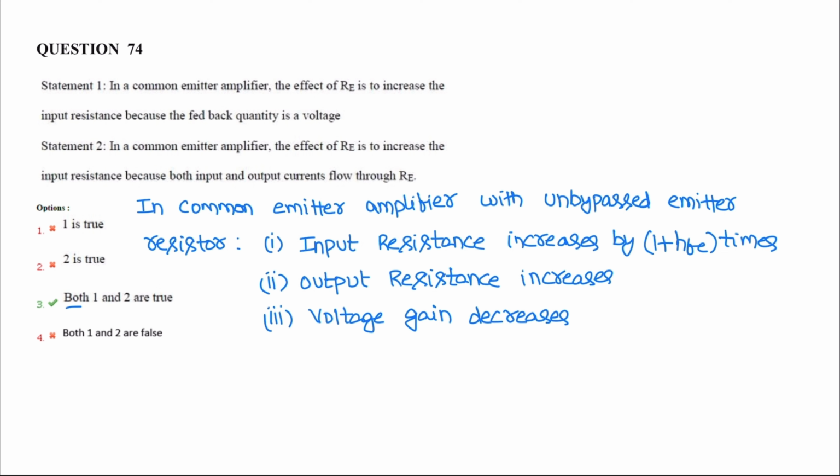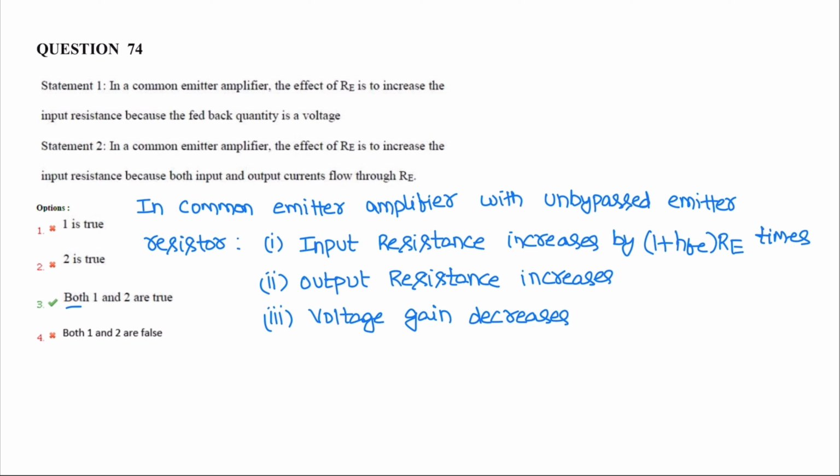This common emitter amplifier with unbypassed emitter resistor increases the input resistance by 1 plus hFE into RE times, output resistance increases, voltage gain decreases. This common emitter amplifier with unbypassed emitter resistor decreases the voltage gain but increases input and output resistance.